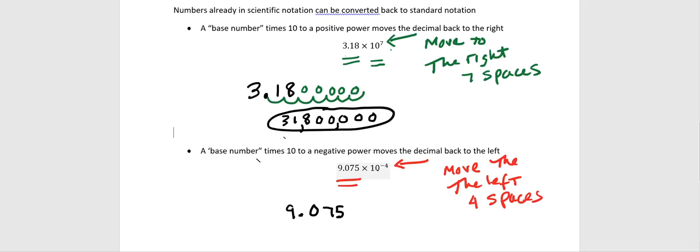And now my exponent says move 4 spaces, but because it's negative, it's going to be moved 4 spaces to the left. We're going to go 1, 2, 3, 4. So that's where my decimal point needs to go. And I have all of this extra space to fill in with zeros. 1, 2, 3.